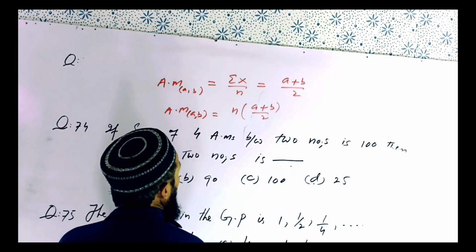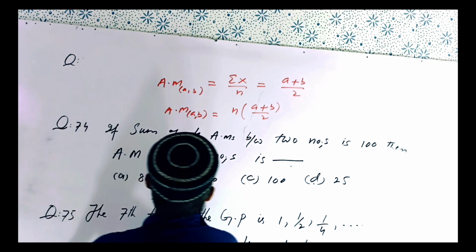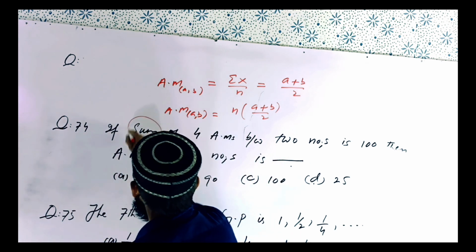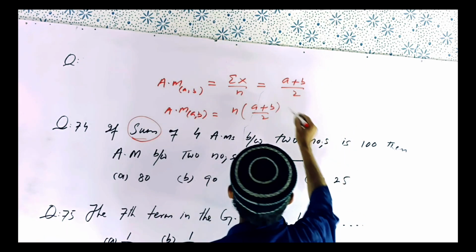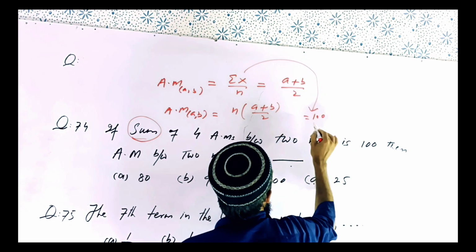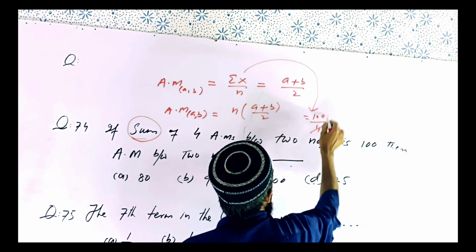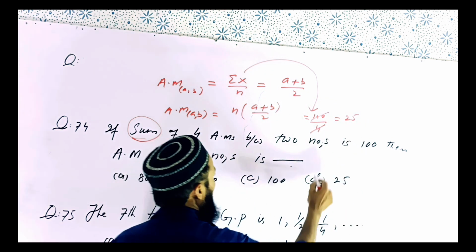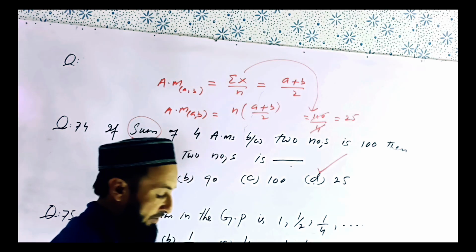Since the sum is given, that formula is suitable here. We can write the sum divided by 4, so both are cancelled and we get 25. 25 is the correct answer here.